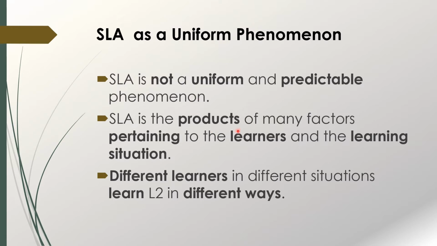That means second language issues. So it is one of the many factors. And different learners in different situations learn L2 in different ways. Yes, they learn in different ways. No two learners learn a language in a similar fashion. For example, the way I have learned the English language might not be the way you, who are learning English at this moment, learn it. So it might be different.